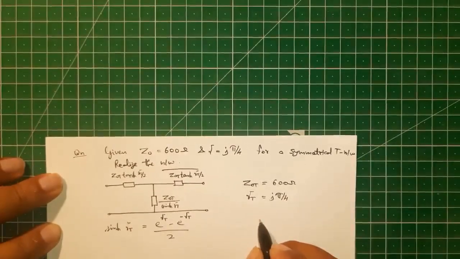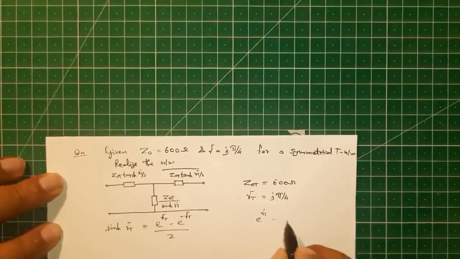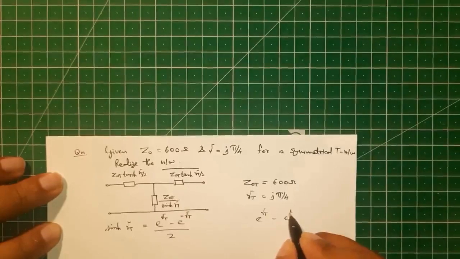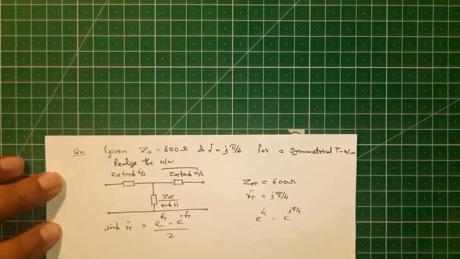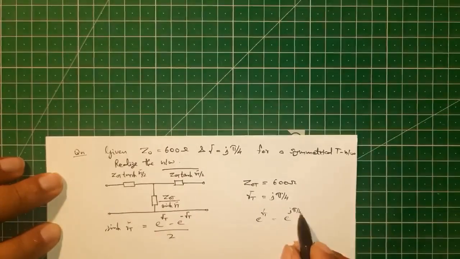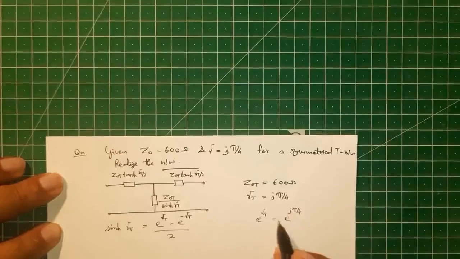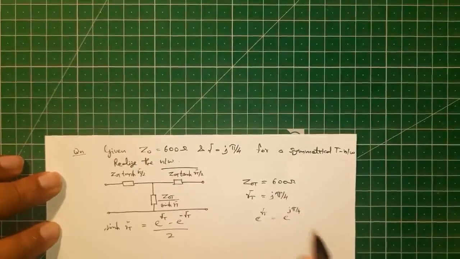So what is e power gamma T? It is equal to e power j pi by 4. So this is actually e power alpha into e power j pi by 4. We do not have alpha, so alpha is equal to 0.